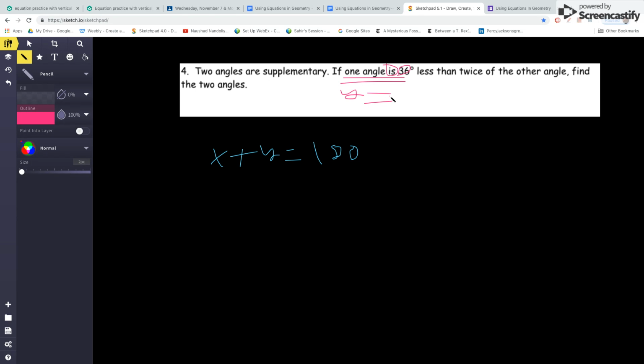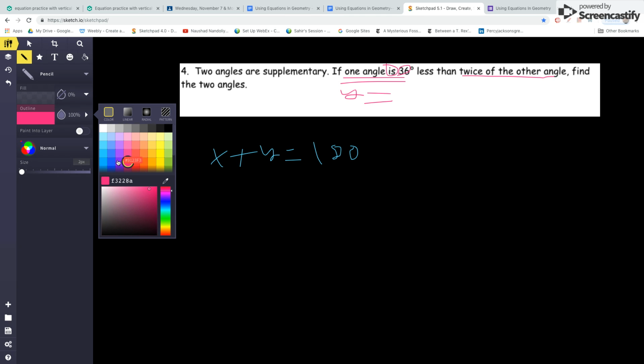"Is" is a good vocabulary word because it means equal to. So let's list one angle as y, and this angle is 36 degrees less than twice the other angle. We can substitute this into an expression. Since it's the other angle, we're going to use x.